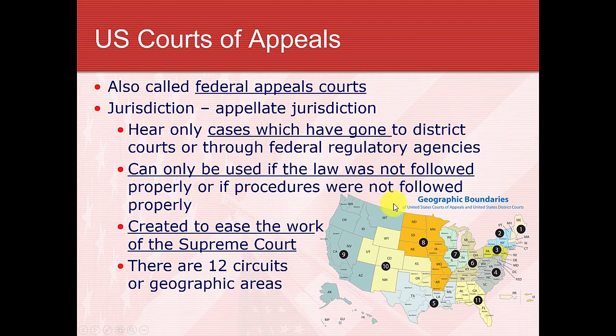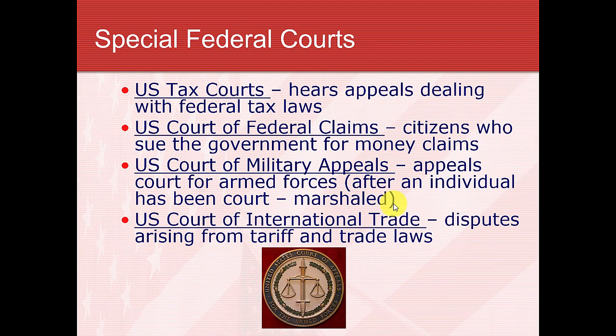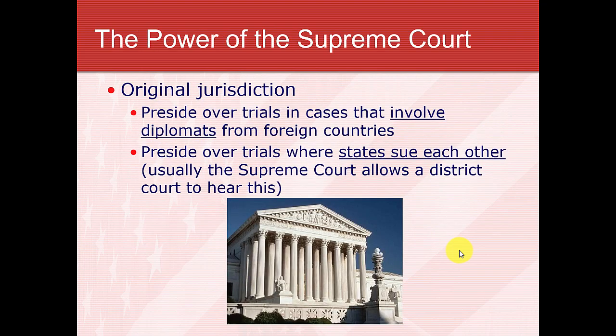And then the final court, at the top, is, of course, the U.S. Supreme Court. There are also some special federal courts depending on what laws are violated. So you have the tax courts, you have federal claims for government money claims, military, so for the armed forces, and then international trade going on with different businesses and things like that.